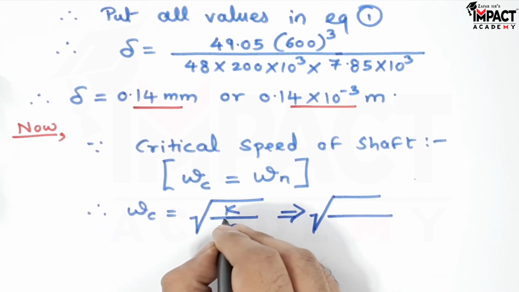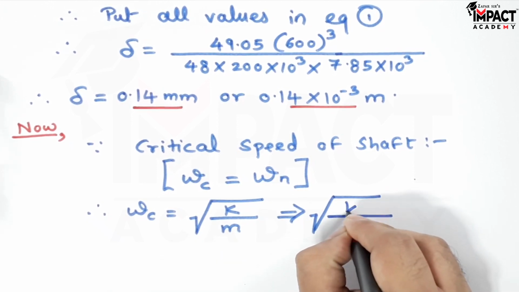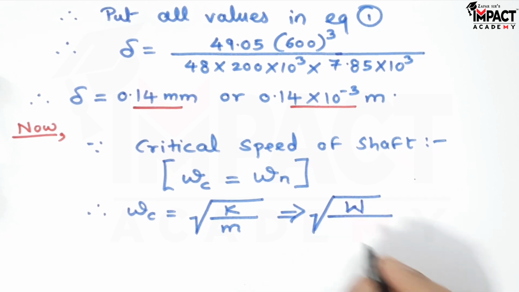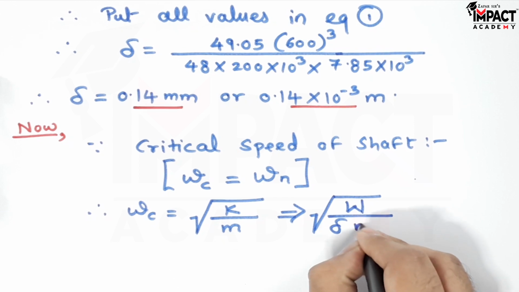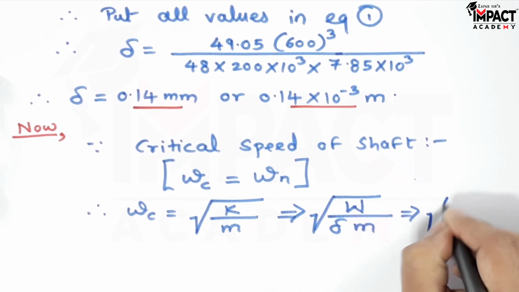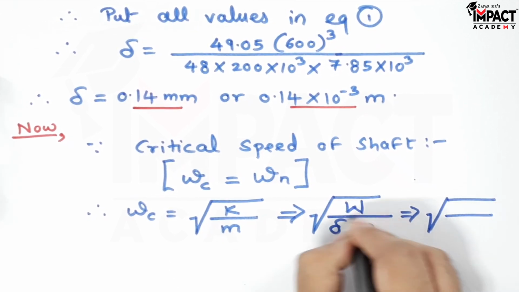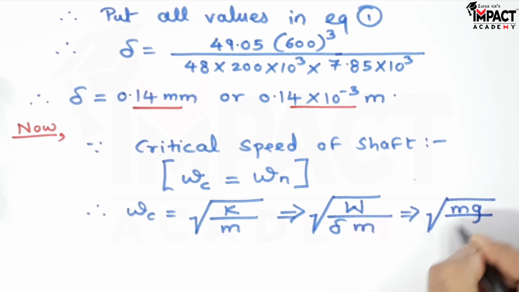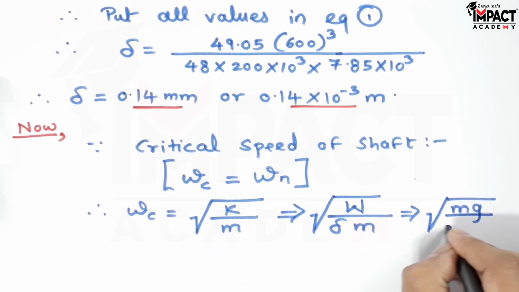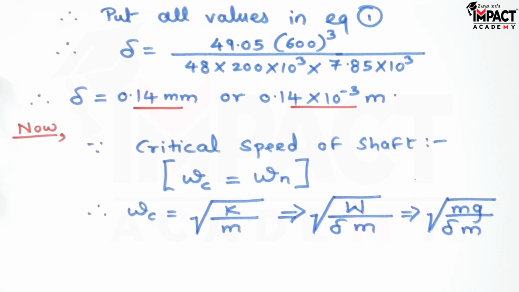Stiffness is given by load, which is weight, upon deflection, and here it is the static deflection. Upon we have mass, and weight is given by m into g. Similarly in the denominator we have delta into m, that is mass.